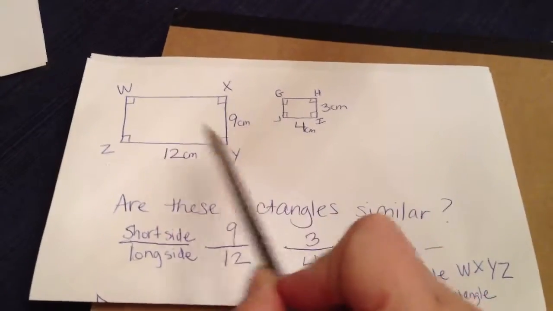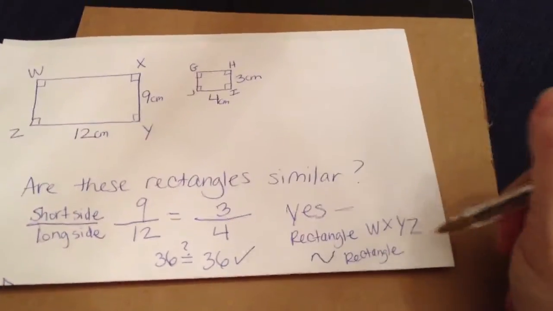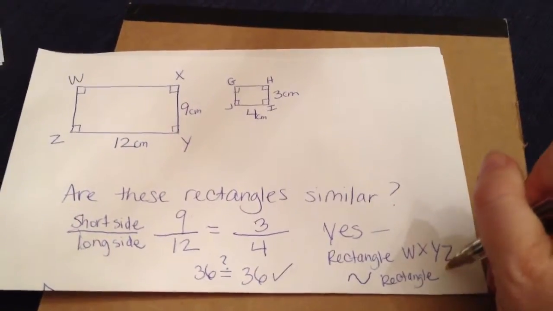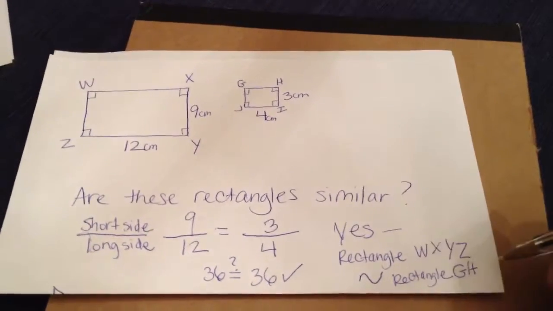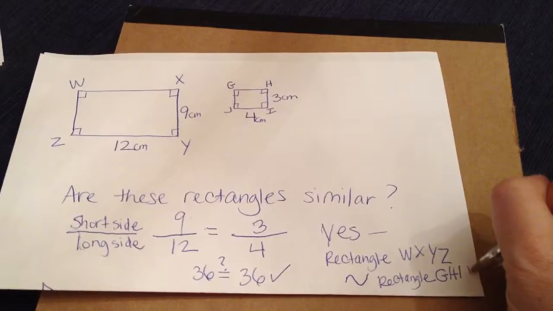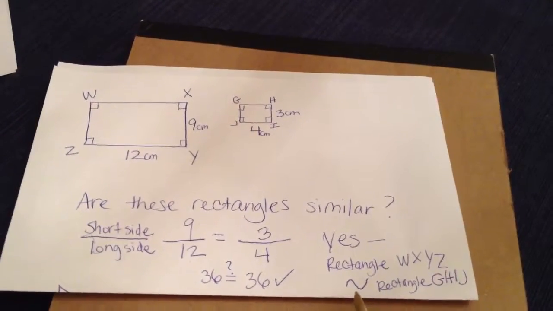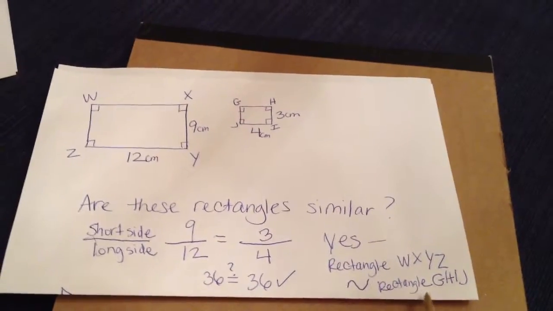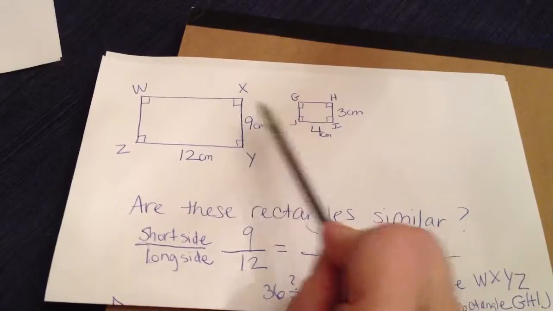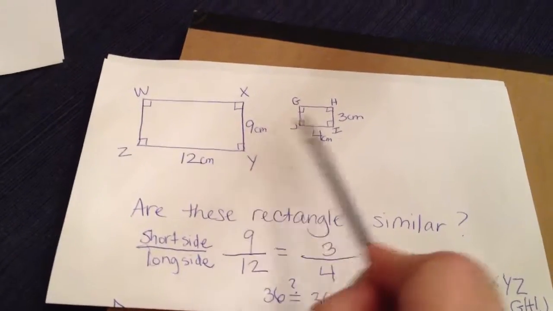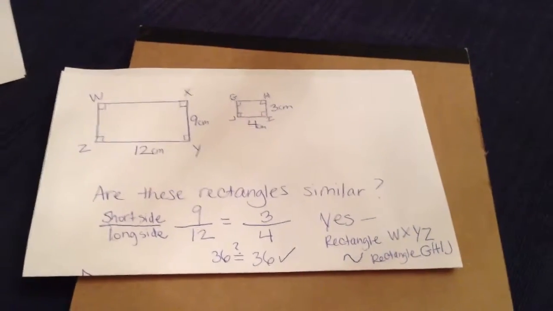So WXYZ, so I'm going to do GHIJ. I'm doing that order only because that's the order with those corresponding sides, not because of the letters of the alphabet. So yes, rectangle WXYZ is similar to rectangle GHIJ, and that's because the corresponding angles are equal and the corresponding sides are proportional. So those are similar rectangles.